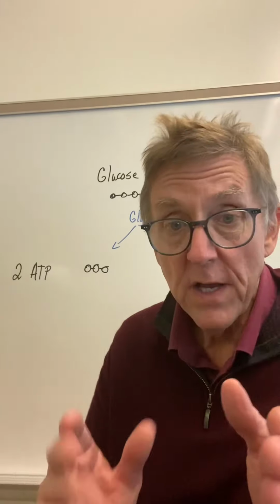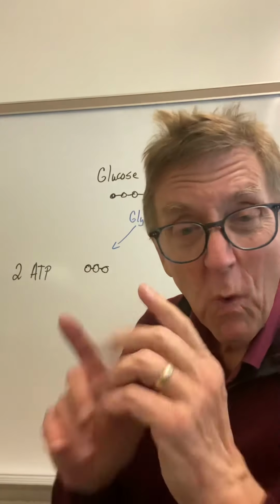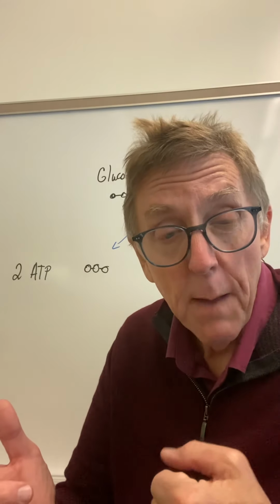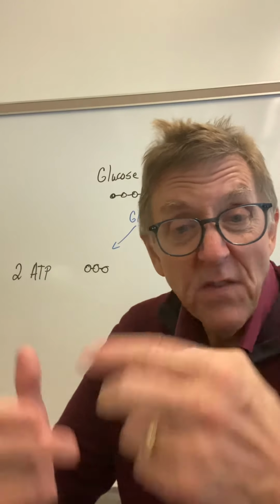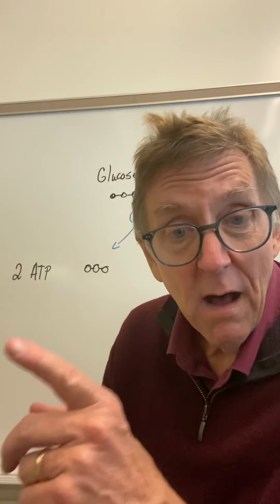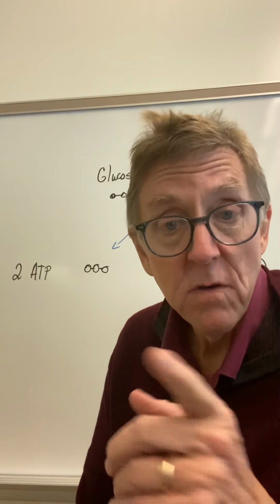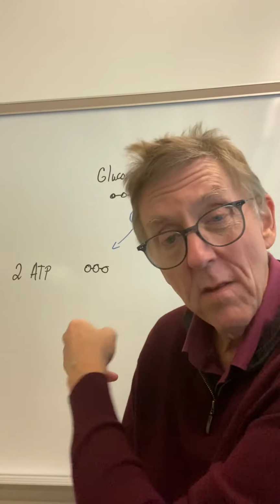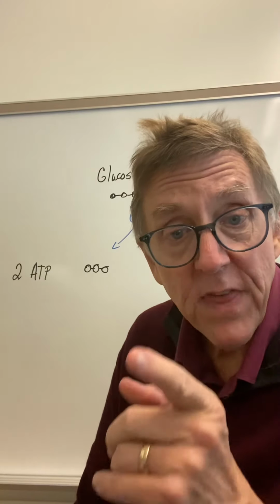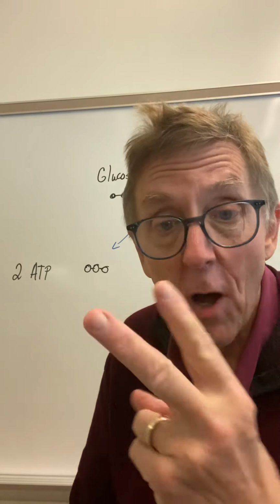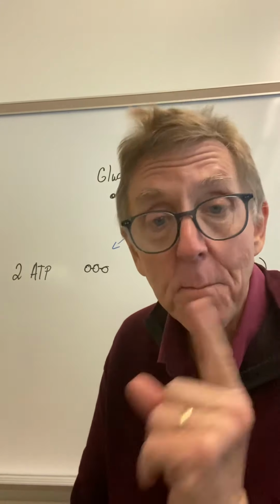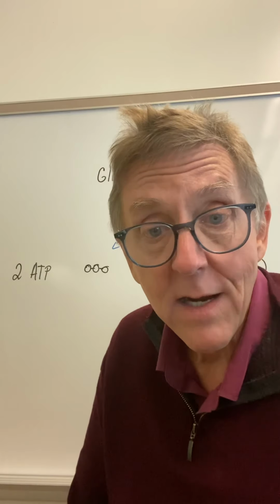So anaerobic respiration is just one energy releasing step plus this conversion of the pyruvate, either in our case to lactic acid, or in the case of the microbes into ethanol, which is a 2-carbon molecule, plus a carbon dioxide.